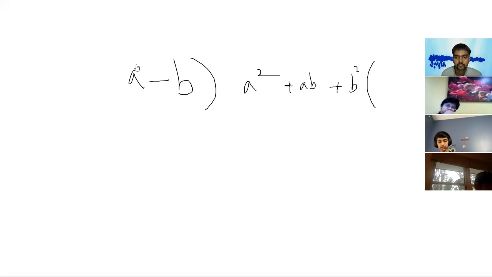Two AB plus B squared. To 2B minus 2 plus 2B squared. Okay.